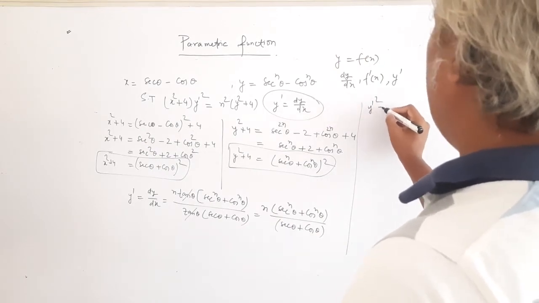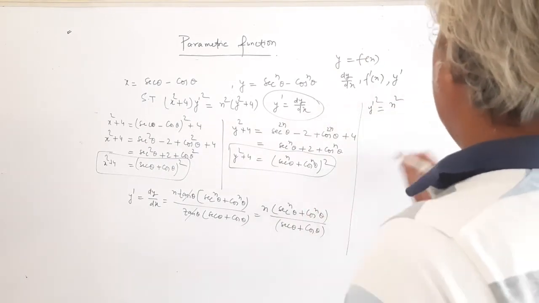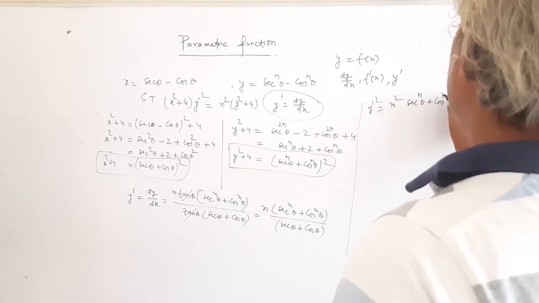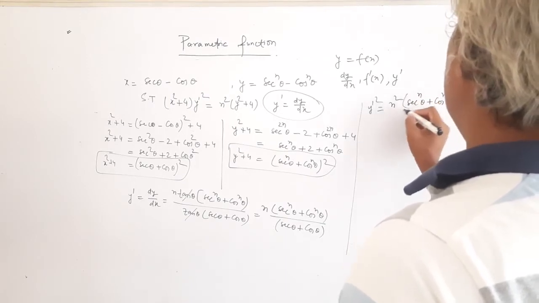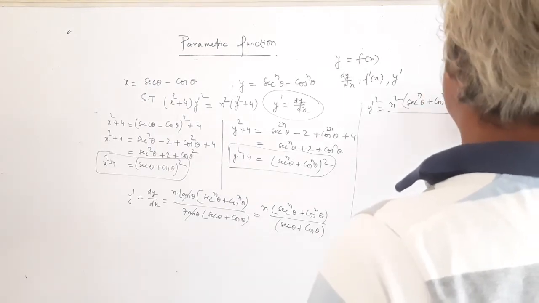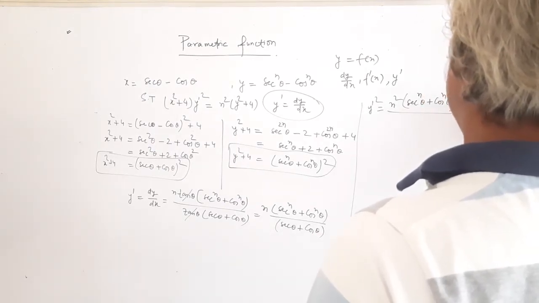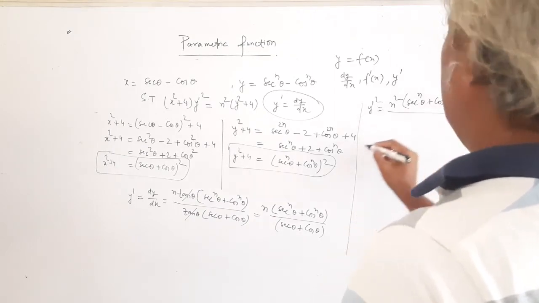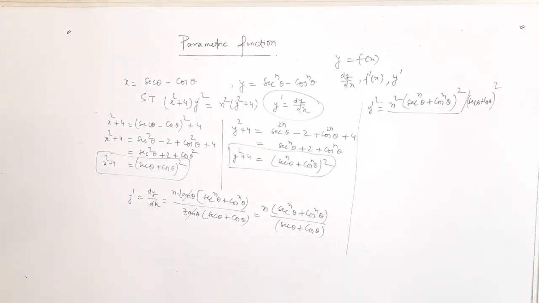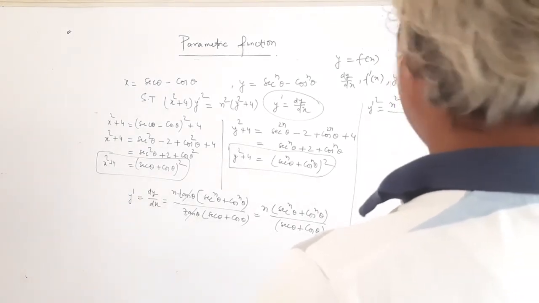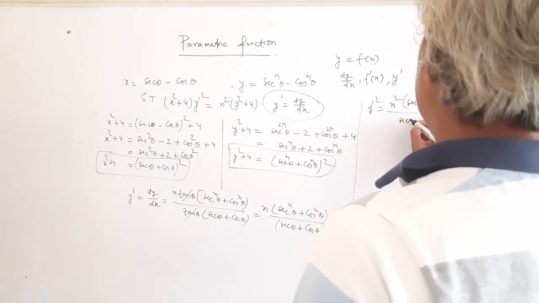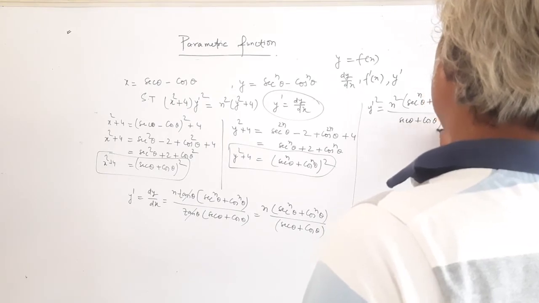Y dash square you'll get as n square times (sec to the power n theta plus cos to the power n theta) whole square upon, here this also needs to be squared, so this is (sec theta plus cos theta) square. This is y dash square, so I better write this one here only: sec theta plus cos theta square.